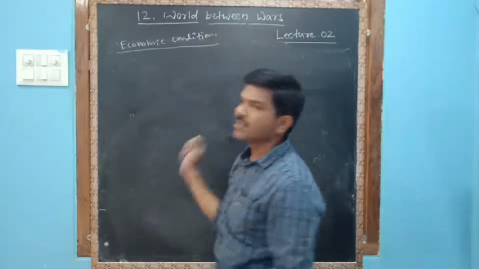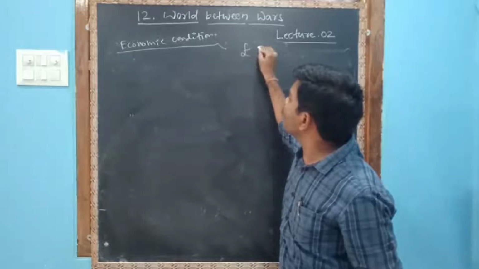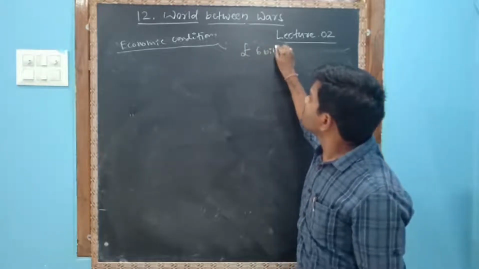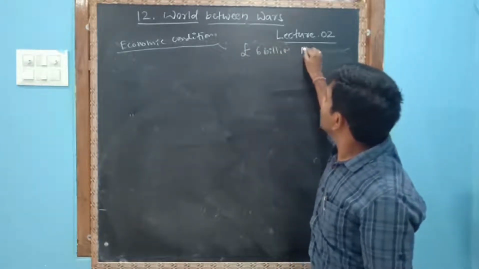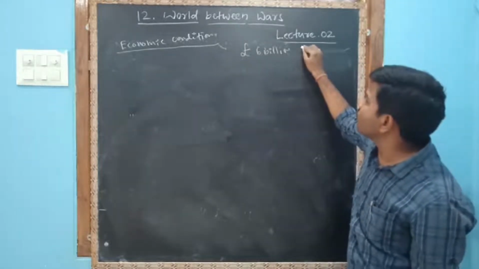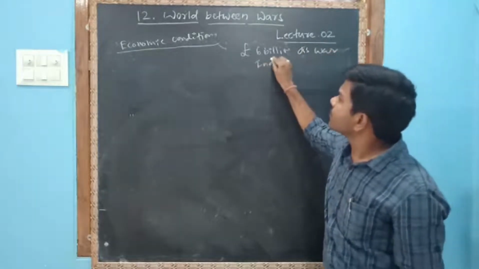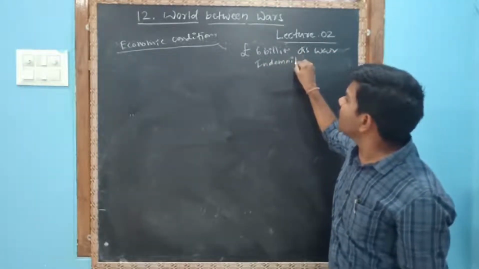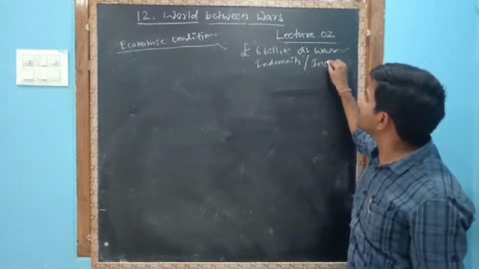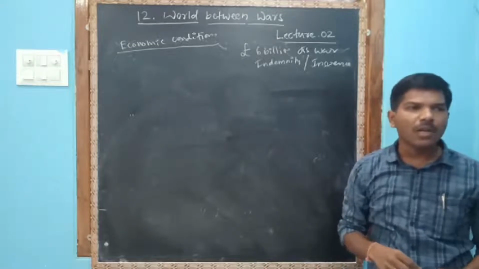Under economic conditions, they had to pay 6 billion pounds. This is not euro. They had to pay 6 billion pounds as war indemnity, as insurance.